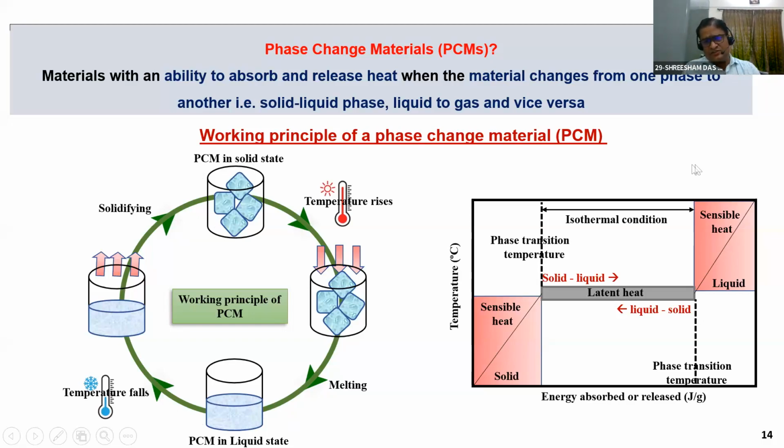With respect to the energy absorbed or released, come to the plot on the right side, with temperature on the y-axis and energy absorbed or released on the x-axis.